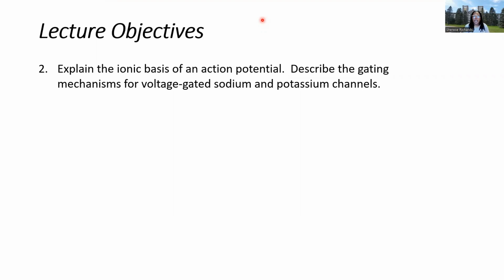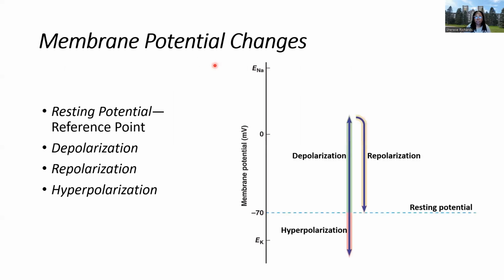We just described that it's the voltage-gated channels, which are concentrated at the axon hillock and then the axon. So we're going to talk about the gating mechanism of those voltage-gated channels and how that results in the action potential, and more specifically, why that action potential can be sustained and travel for long distances.